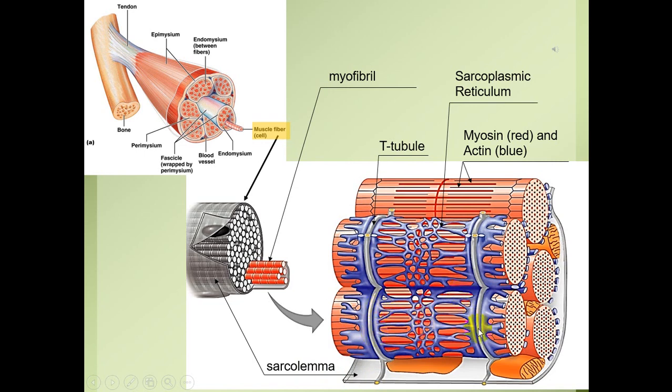When the nerve impulse is passed from the surface sarcolemma to the T-tubule, it activates these large cisterns to release the stored calcium from the sarcoplasmic reticulum into the cytoplasm, and then the myosin and actin proteins start the sliding filament mechanism.